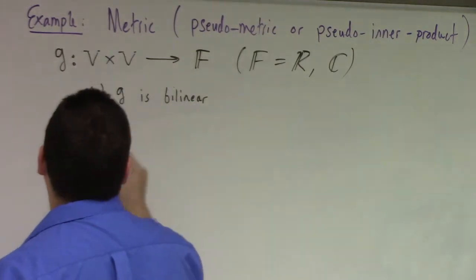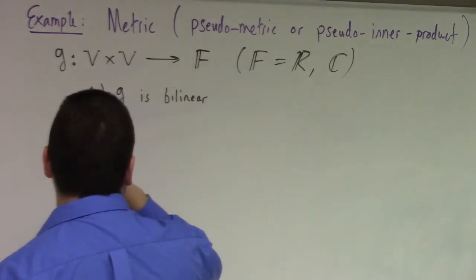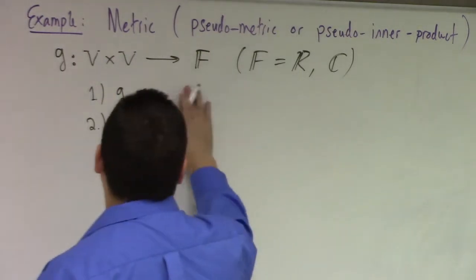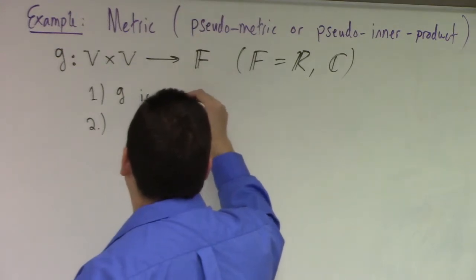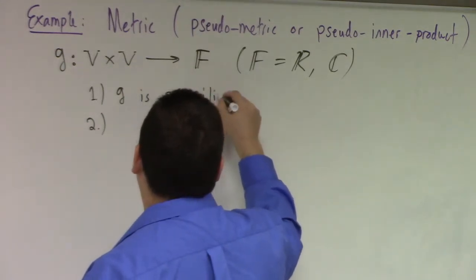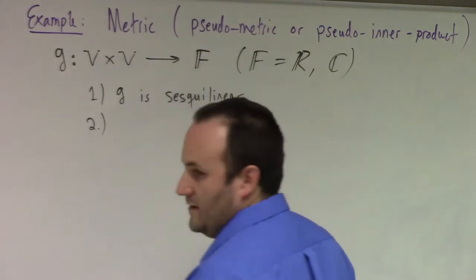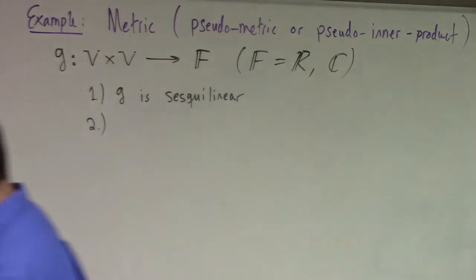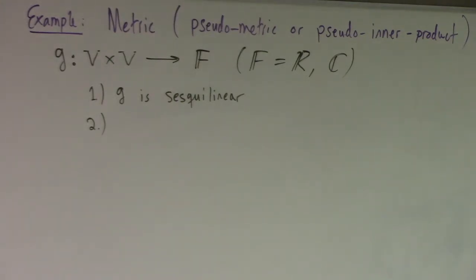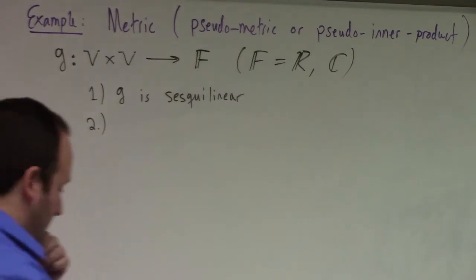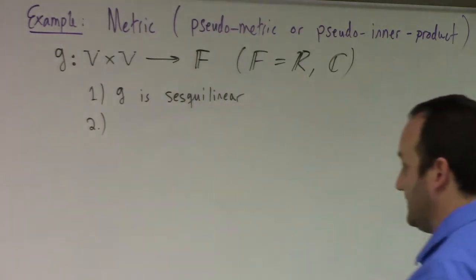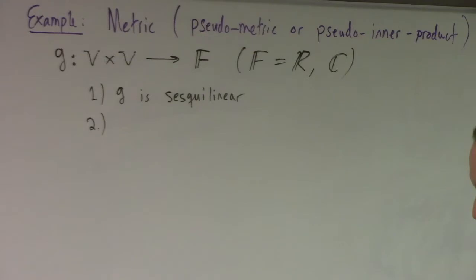Two, oh, not bilinear, sorry, G is sesquilinear. F is either the reals or the complexes for us. You can safely replace it with a subfield of the complexes, but pretty much we're thinking either real or complex, honestly.